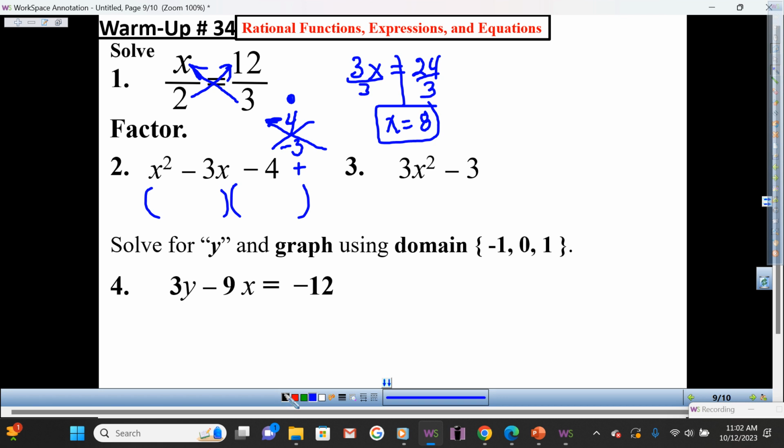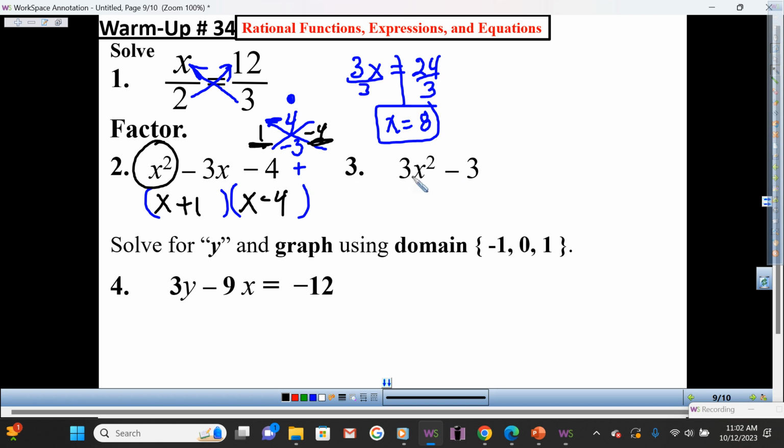All right, Brandon, Felix, factors for number 2. 1 and negative 4. Hands if you got those 2 numbers. And the shortcut, if this one doesn't have a leading coefficient, we just do x and x. The first number is positive 1. The second number is negative 4. Hands if you got that. All right, we got it.